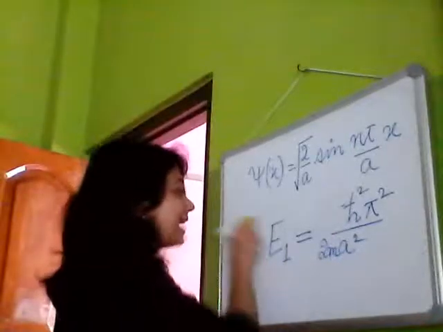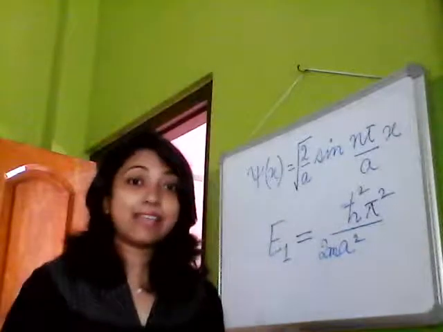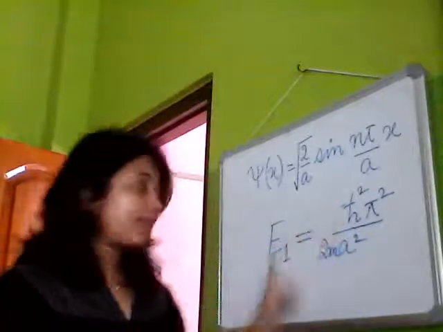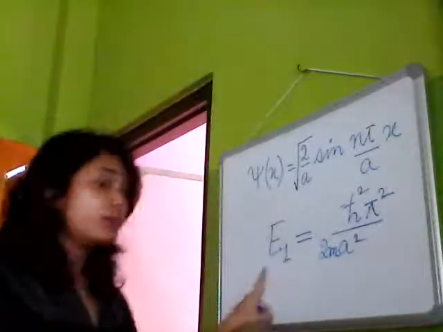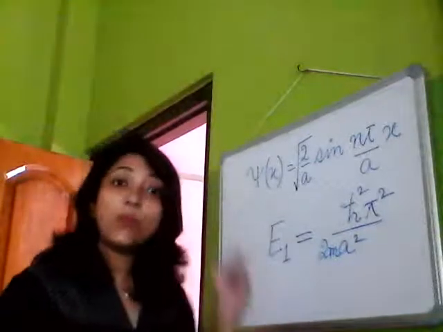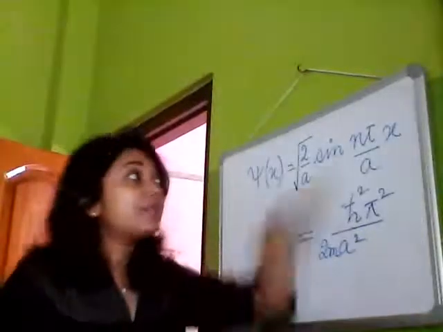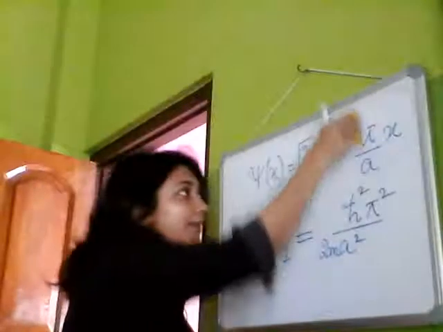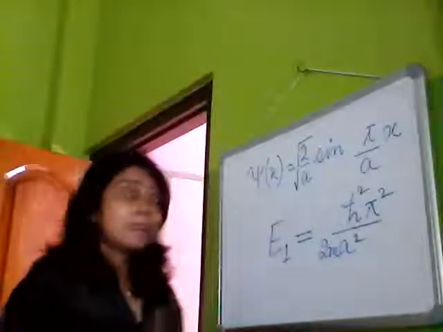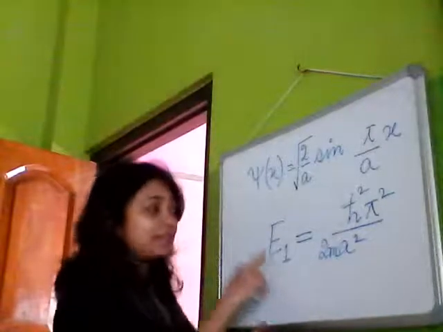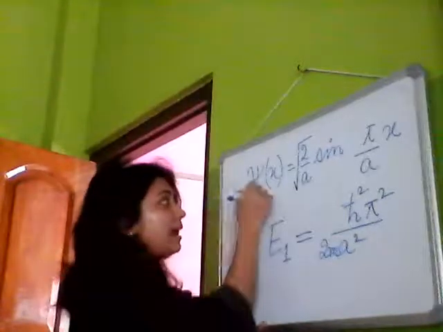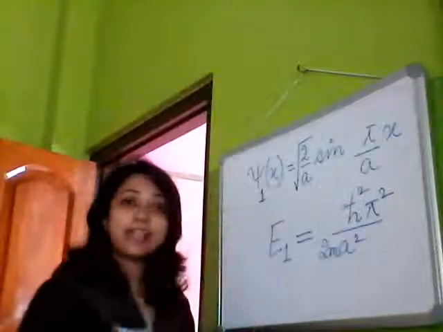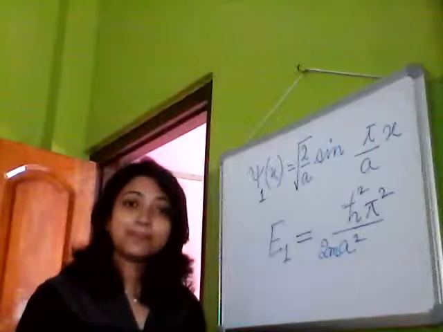But at that time, when n is equal to 1 and the particle is assuming the value of energy as E1, what will be its wave function? Its wave function also will have n is equal to 1. So its wave function will be looking like this. So when the particle has the value of energy E1, I will call its wave function psi1, right?